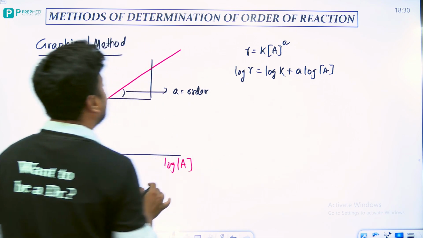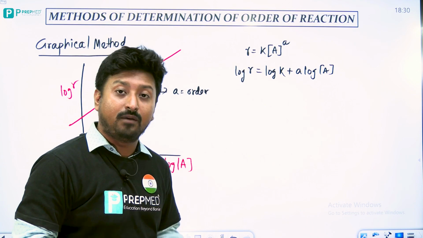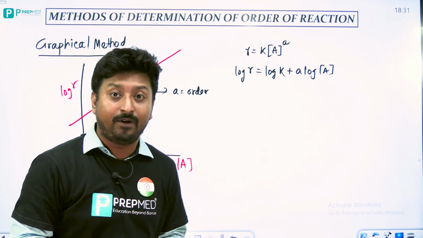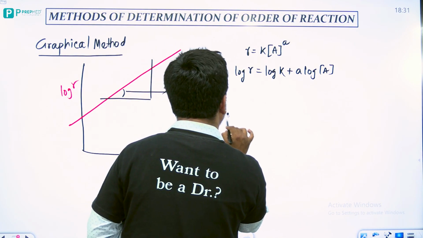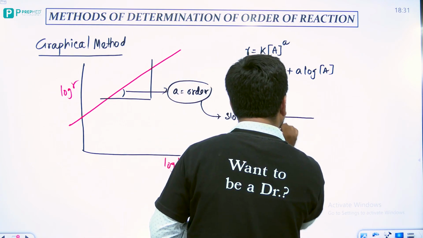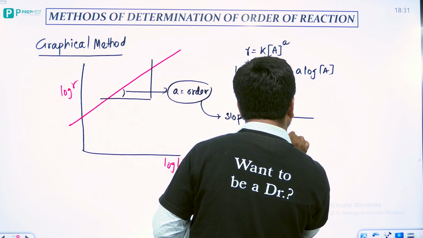This is the complete graphical method, but definitely in the exam or while doing the problem, we are not going to get graph paper. So for that, this order is basically nothing but the slope of the graph. So we use the general slope, that is y2 minus y1 by x2 minus x1.